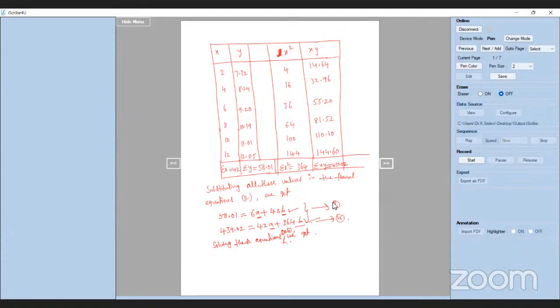Oh, okay. You have to solve it, ma. Okay. Directly you say the values of a and b. Shall I give the values?